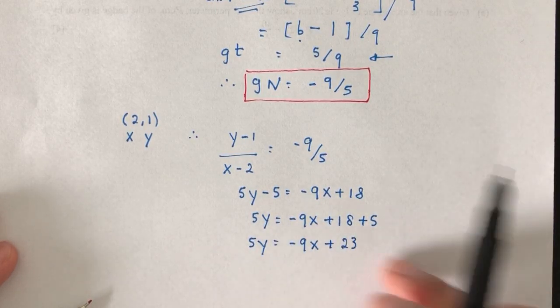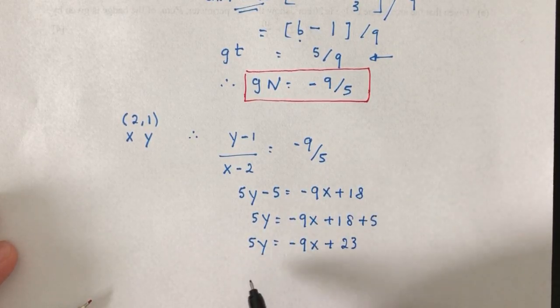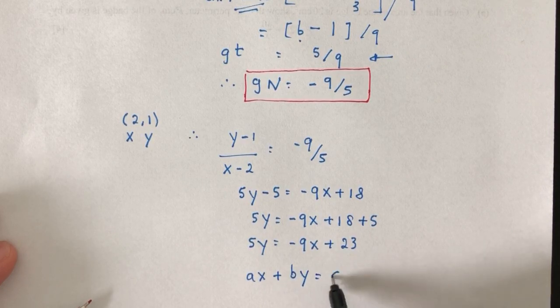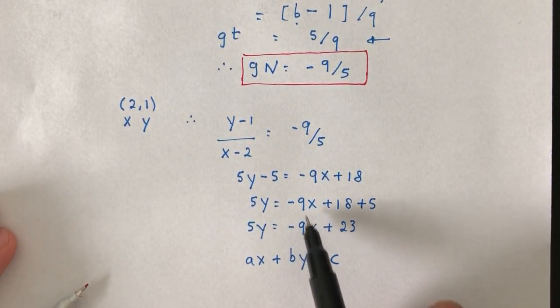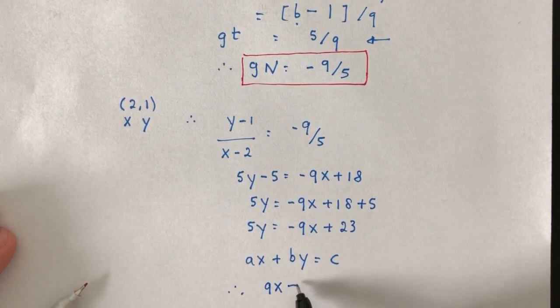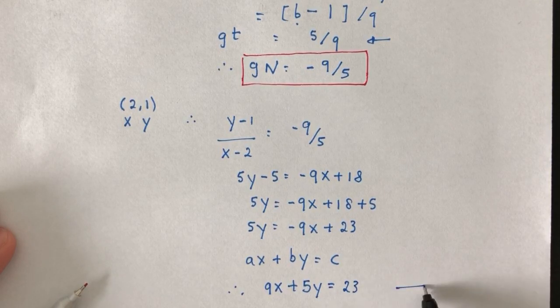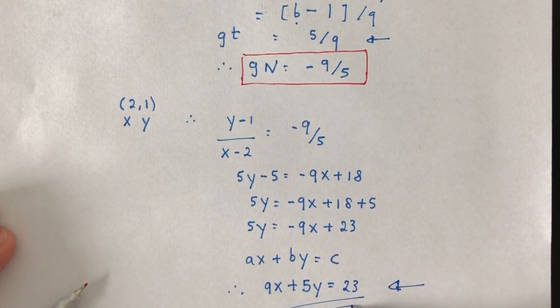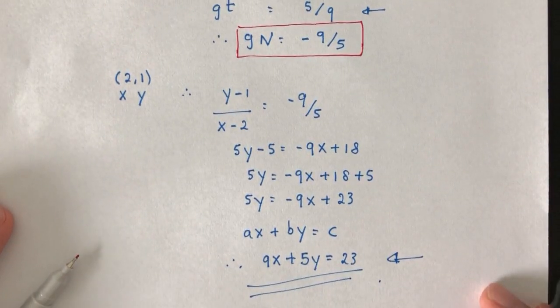So now we need to express this equation in the form of ax plus by equal to c. So we need to send x over here. So the answer will be 9x plus 5y equal to 23. This will be the equation of the normal. That will be question number 6.